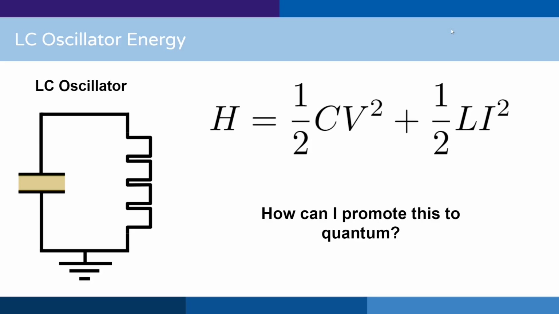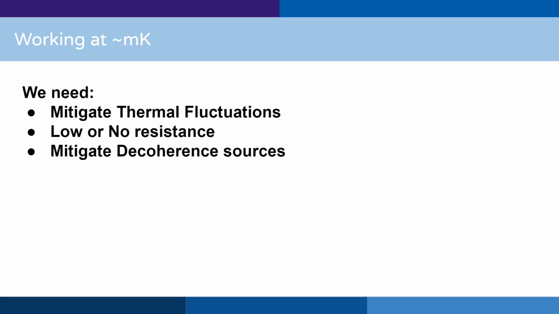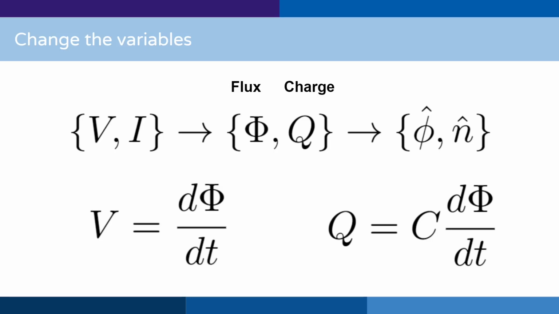Okay, so how can I promote this to quantum? But before that, I need to take into account some particular things: we need to mitigate thermal fluctuations, have low or no resistance in our circuit, and mitigate the coherent sources as much as we can. If we have all of these complete, we are checked and we can promote this to quantum.